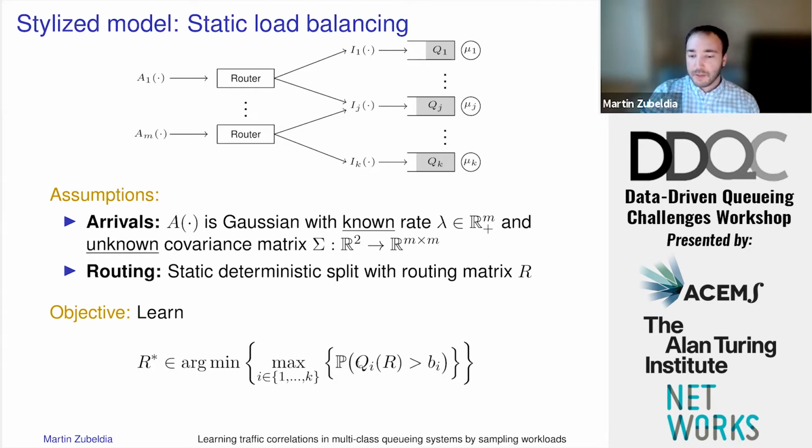So we're asking what's the probability, under the routing matrix R, that the queues go above a certain threshold. We want to minimize the maximum of that across all servers. This comes from a quality of service perspective: we don't want to go above a certain threshold because that will incur delays, and we want to minimize the maximum of those.